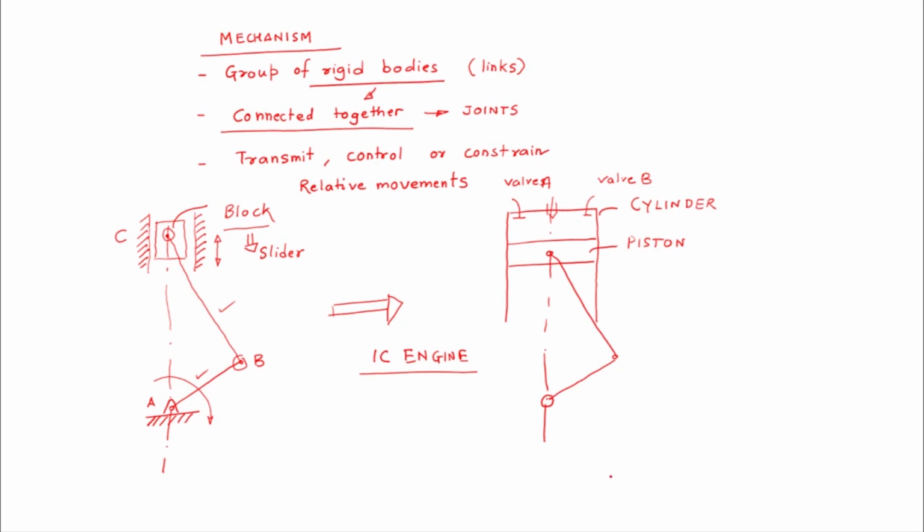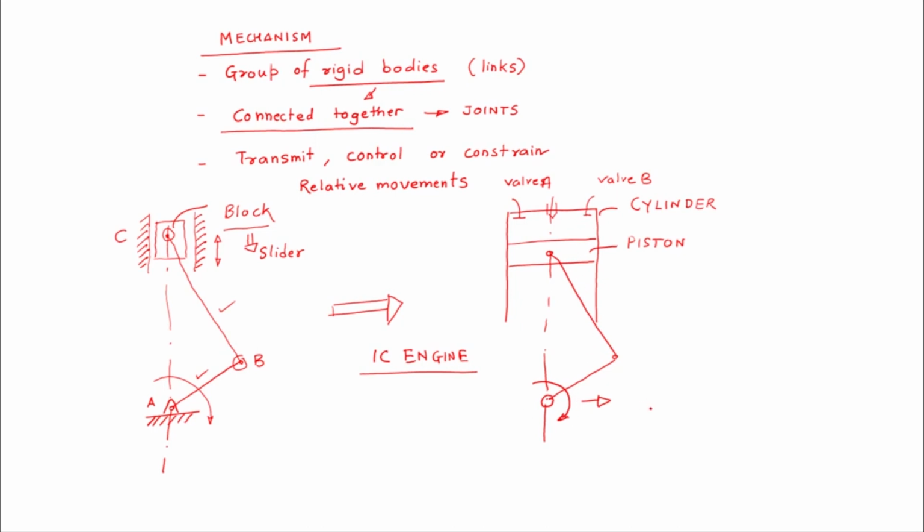That downward movement of the piston will be converted into the rotary motion of the shaft. We are converting here the chemical energy by combustion of a petrochemical into the mechanical energy.